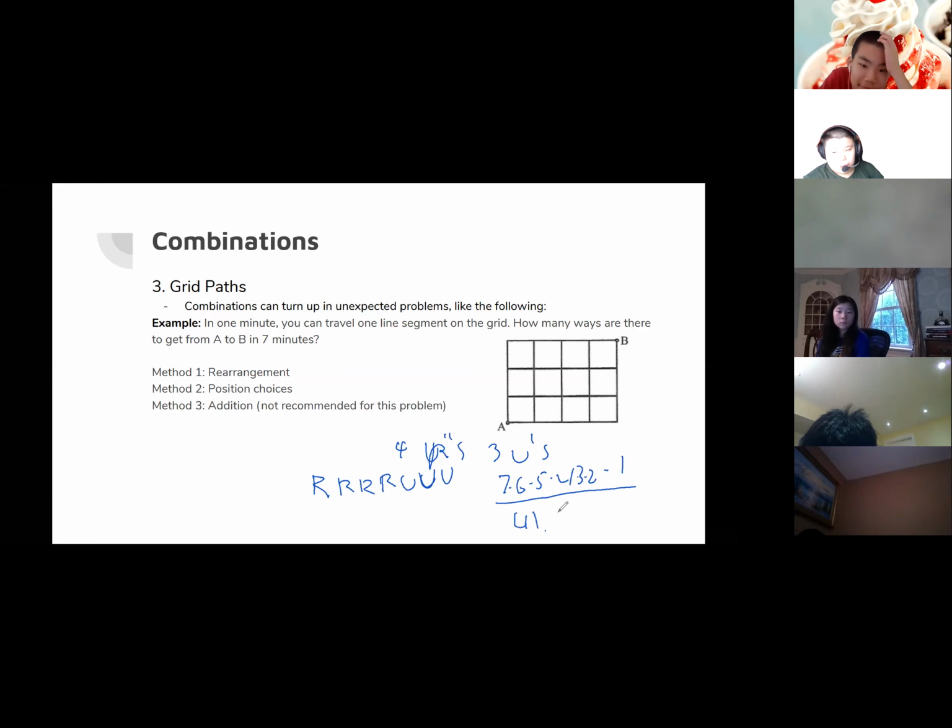So it's 7 factorial over 4 factorial times 3 factorial, which simplifies, and you get 35.